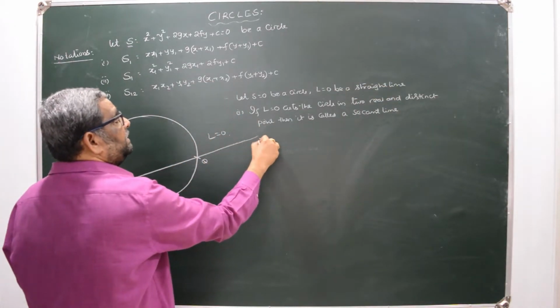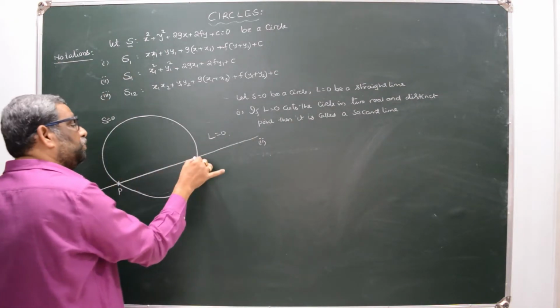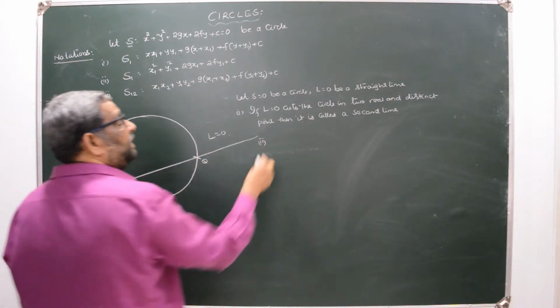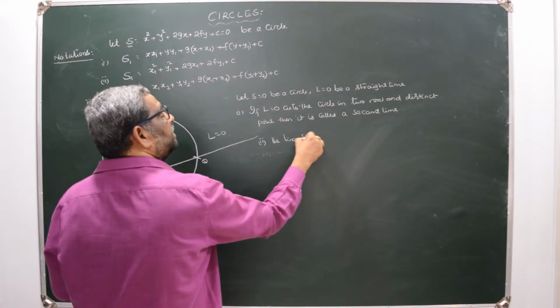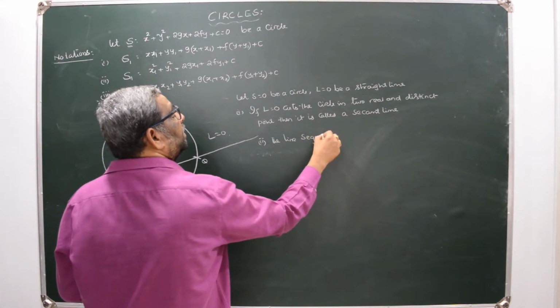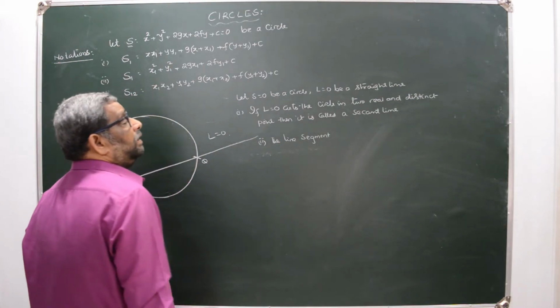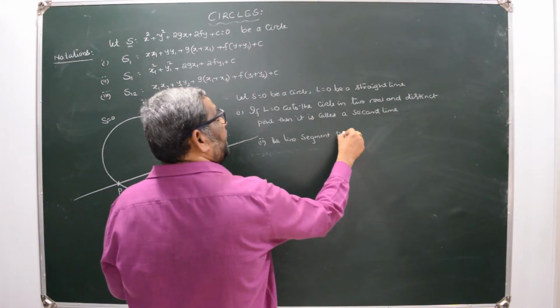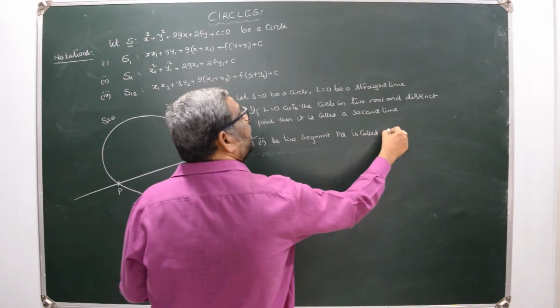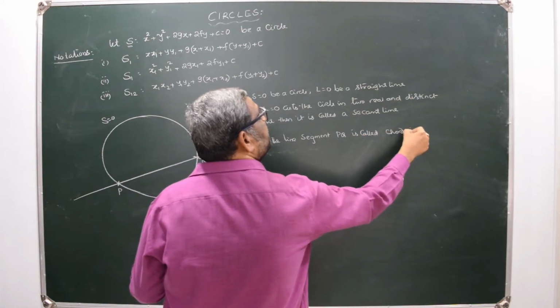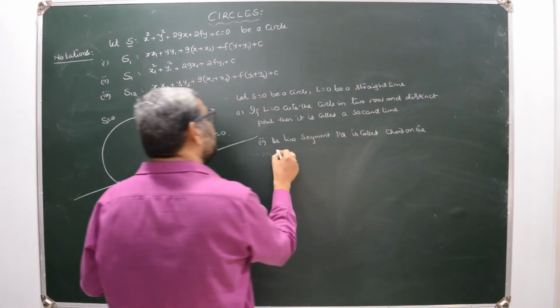Now, the segment between P and Q, the line segment PQ, is called a chord on the circle.